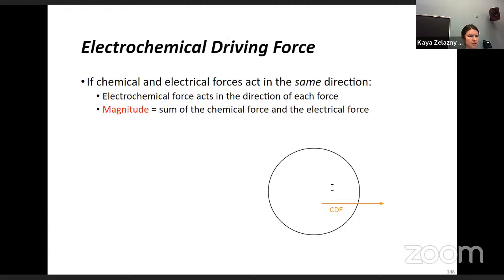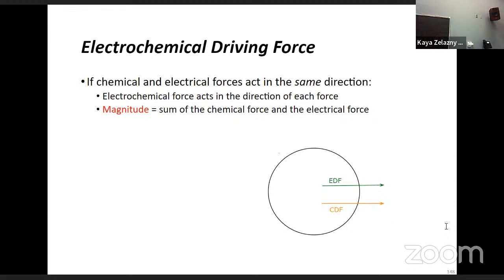And our electrical driving force is also pointing out, from the intracellular fluid to the extracellular fluid. Then we have a pretty easy situation because they're both pointing the same direction.